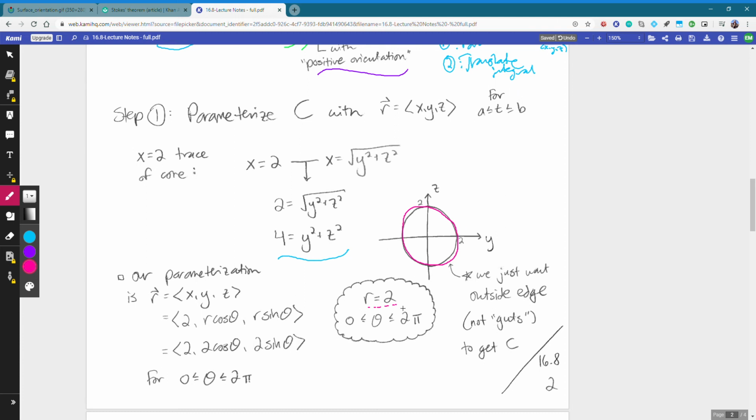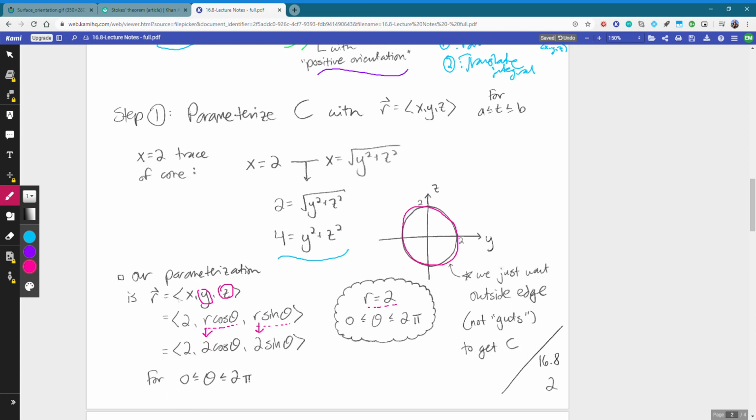And that's going to tell us how to describe our y and z in terms of polar: r cosine theta for y, and r sine theta for z, because y is the horizontal here, z is the vertical, and we use the fact that r equals 2. So that gives us our y and our z.